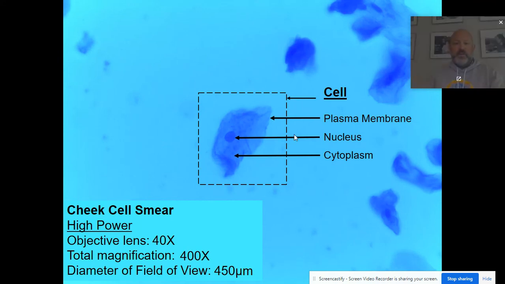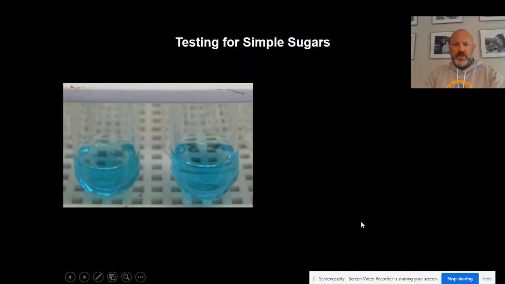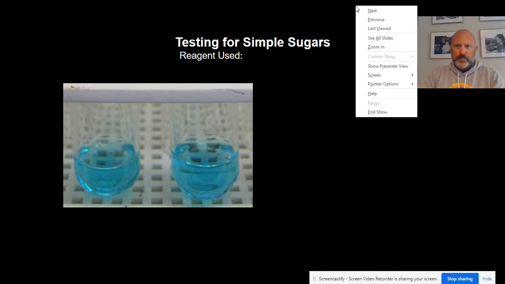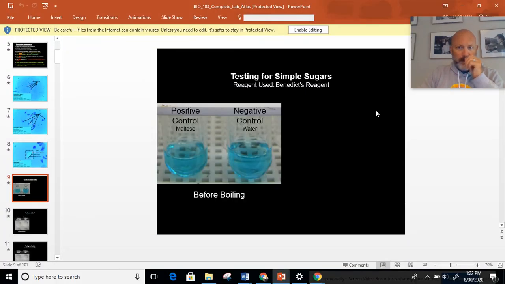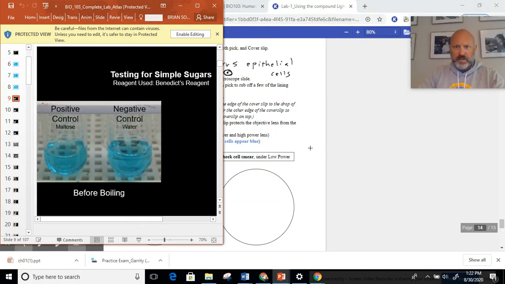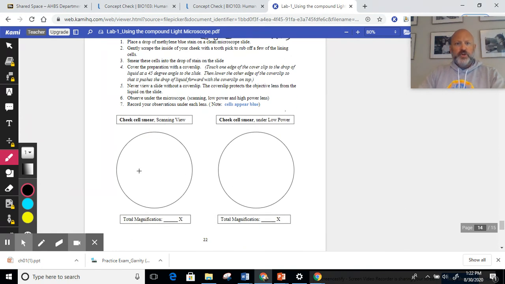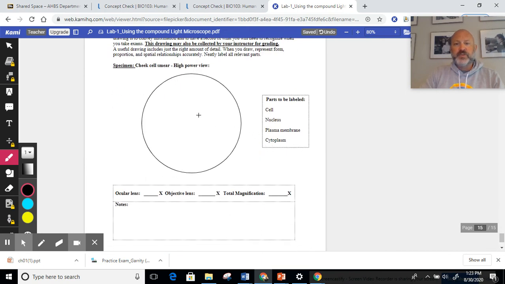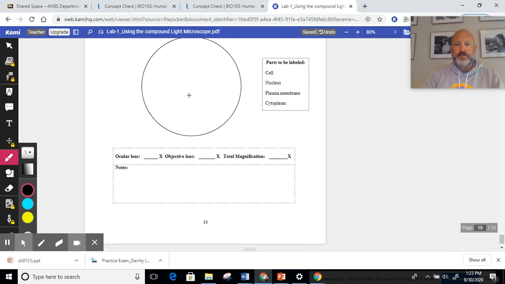All right, so go back to the lab here. You're going to do your cell drawing as it appears on scanner view, and then again on low power. And the last one you're going to do is the high power view.